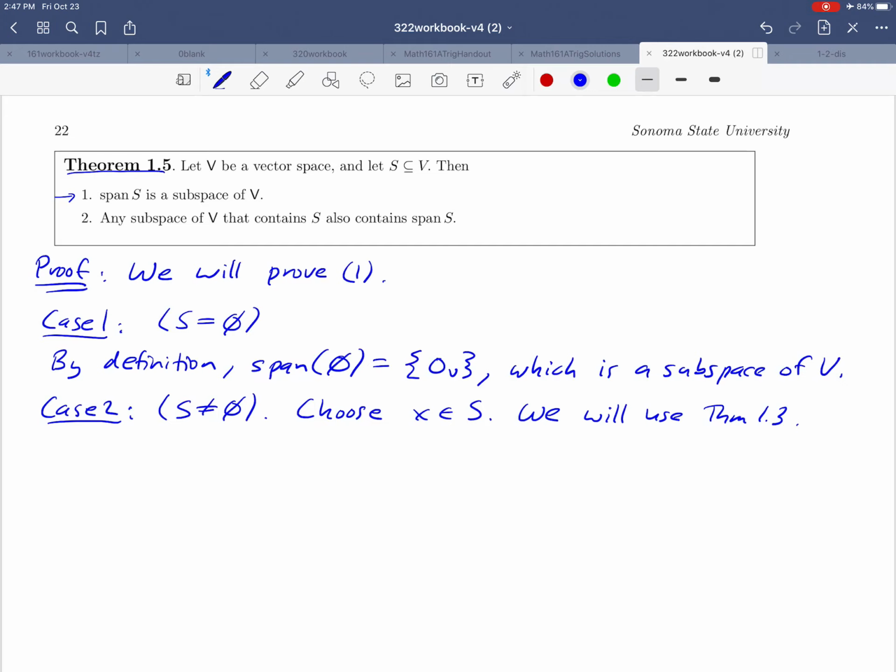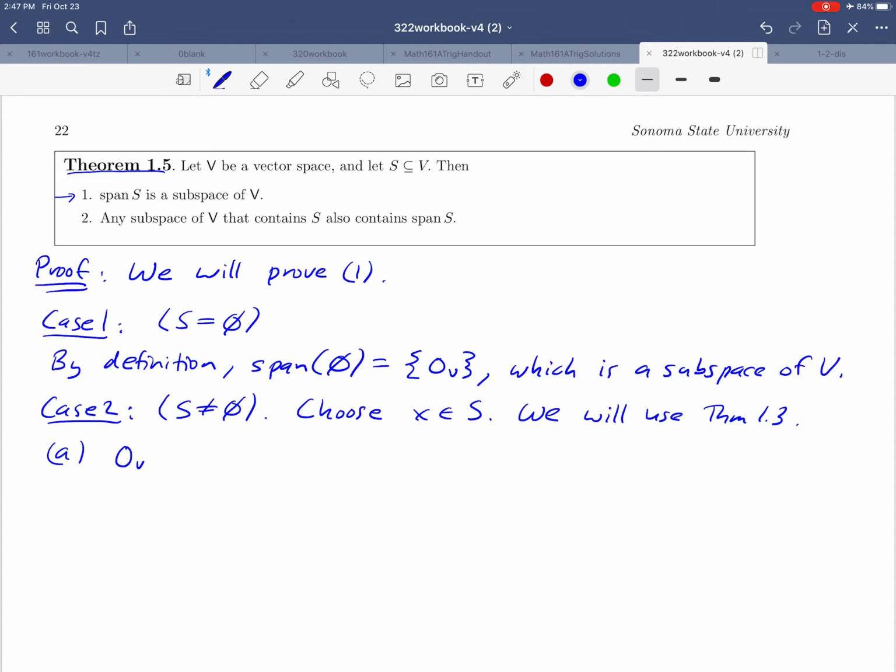Well, seems to me that there were 3 of them, and the first one asked us to demonstrate that 0, the zero vector, is in the thing that we're trying to show as the subspace. So we'd like to show that the zero vector is in the span of S. Okay, well, what does it mean to be in the span of S?